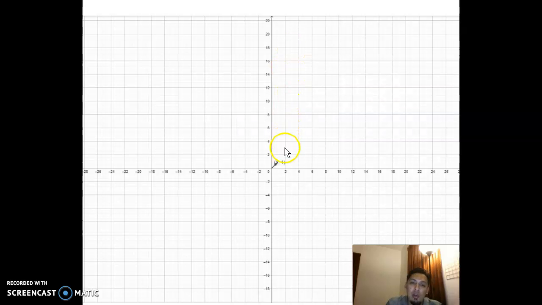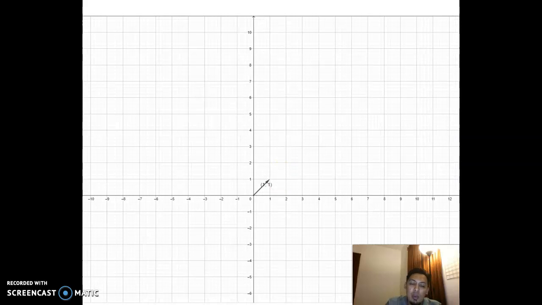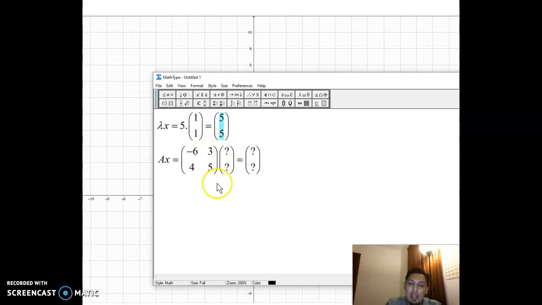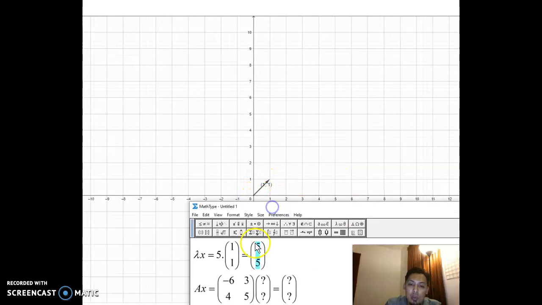Let's say we are looking at 1 1. Let's say we want to find the vector that, when we multiply, will just expand the line, but not rotate the line, right? Basically, I want this when I multiply it to 1 1.